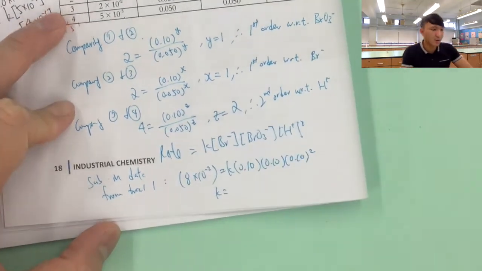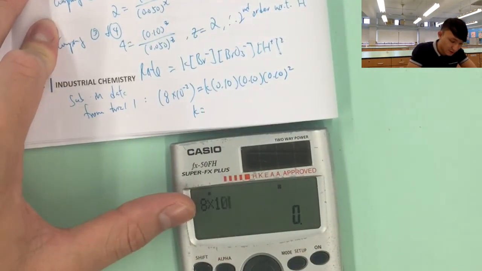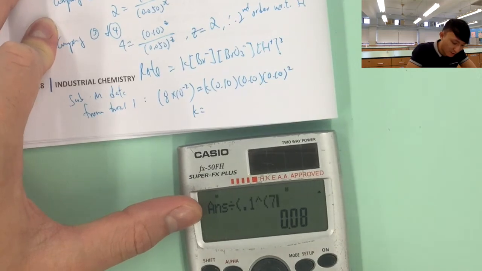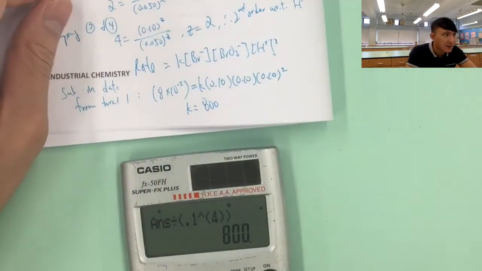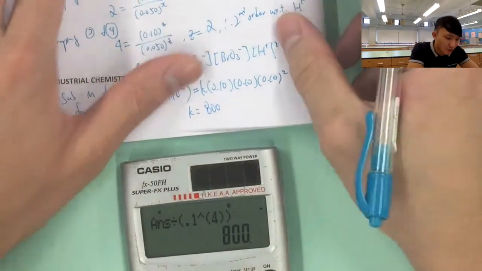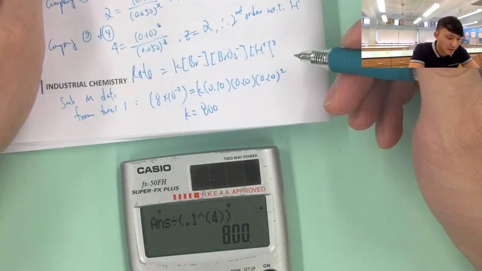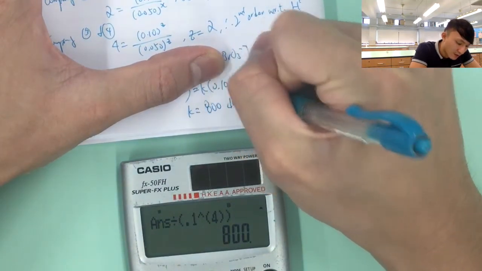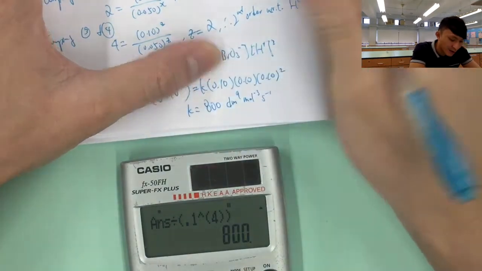So k equals the rate divided by 0.1 to the power 4, isn't it? So we have 800, okay? The units, because altogether the overall order of reaction is 4, so this one should be dm9 mole to the power -3 s to the power -1, okay?